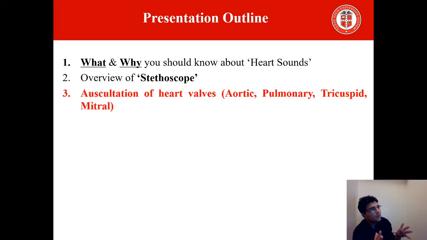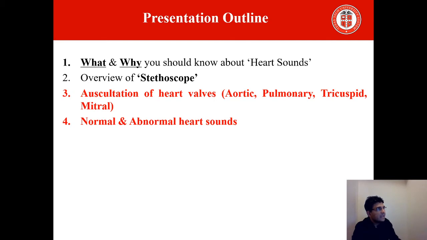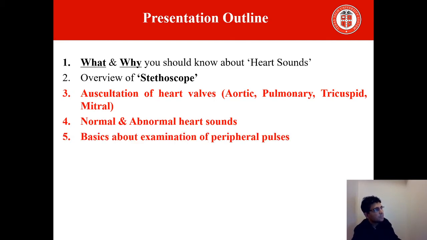The main focus for the first half of today's discussion is to identify the landmarks associated with four valves, which are aortic, pulmonary, tricuspid, and mitral. Then we will talk briefly about normal and abnormal heart sounds.